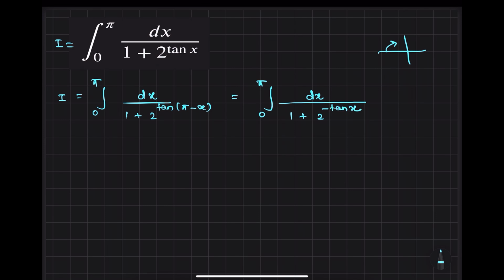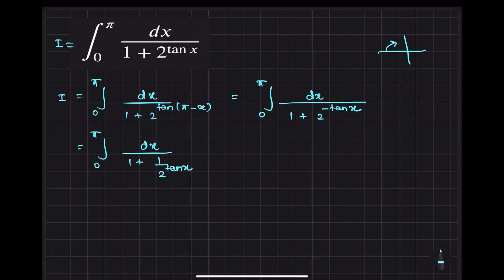Now the power is negative, so we can write down this part as integration from 0 to pi dx by 1 plus 1 by 2 power 10x.